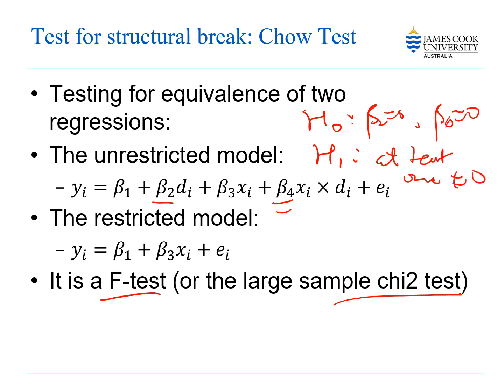So this is our unrestricted model, and our restricted model under the null is yi equals beta 1 plus beta 3 xi plus ei. We run a regression for the restricted and unrestricted models, get the SSE, construct the F-test statistic, then conduct a hypothesis test.